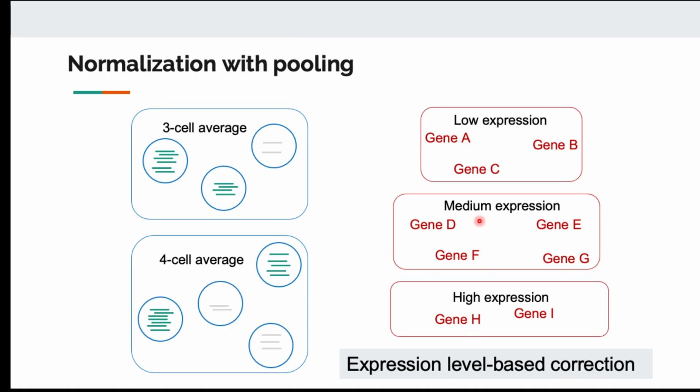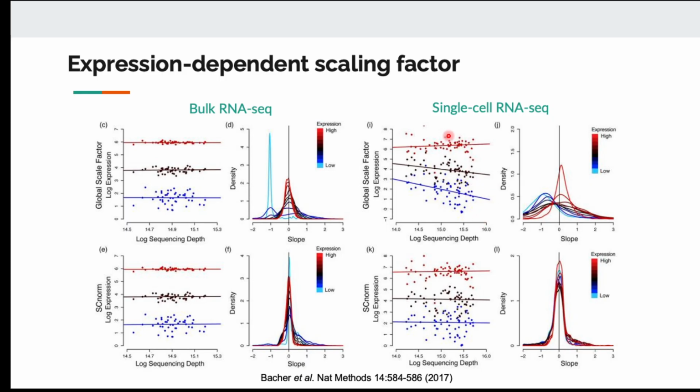And to show you some visual evidence, in bulk RNA sequencing, people try to normalize the gene expression. In this plot, the y-axis is the normalization factor and the x-axis is the expression level of the gene. In bulk RNA sequencing data, the normalization factor is stable. When you have more sequencing depth, like more reads, you still have the same scaling factor, the same normalization factor.